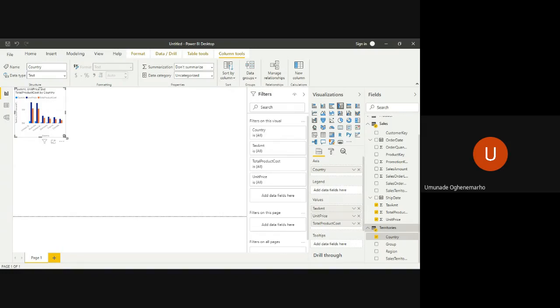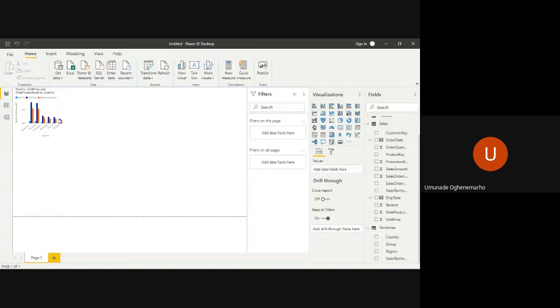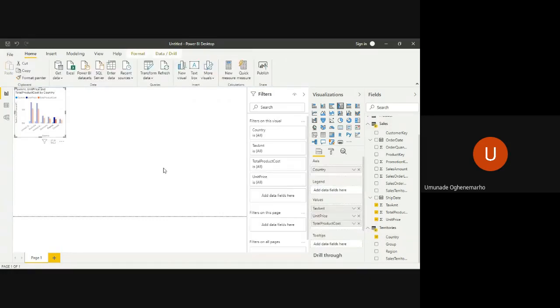Okay, then next we'll move on. So remember, when you create a visual, it's always going to be selected. You come to the visualization pane and click on that visual to change it to scatter. And you come back here and you select it. There we have that.